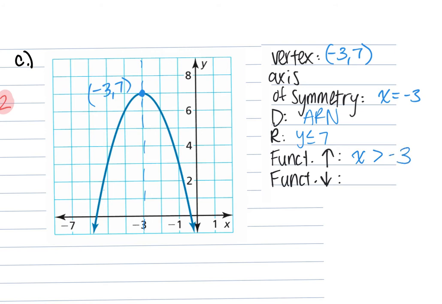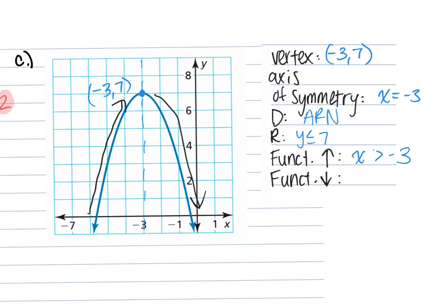When x is greater than negative 3. So that means that in this region, our function should be increasing. When x is less than negative 3? That means that our function should be going up on this side. I agree with that, okay?